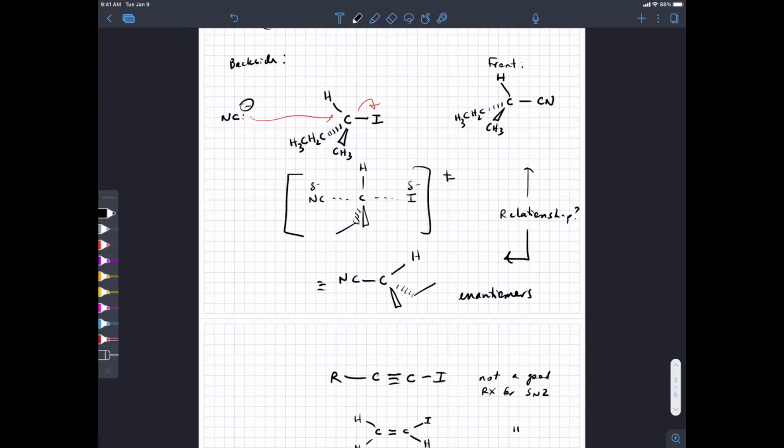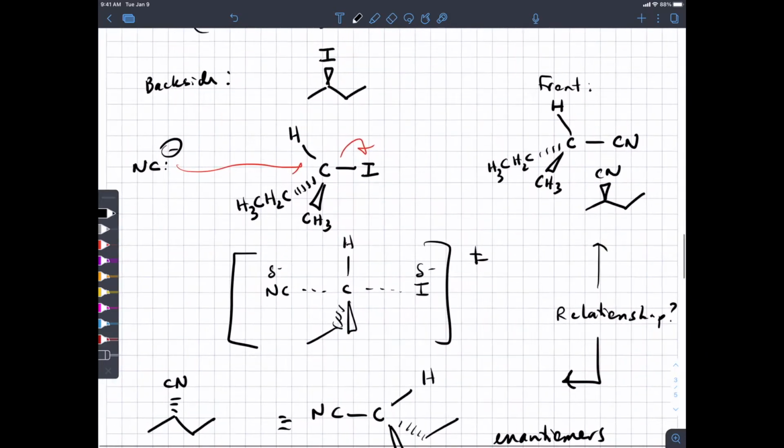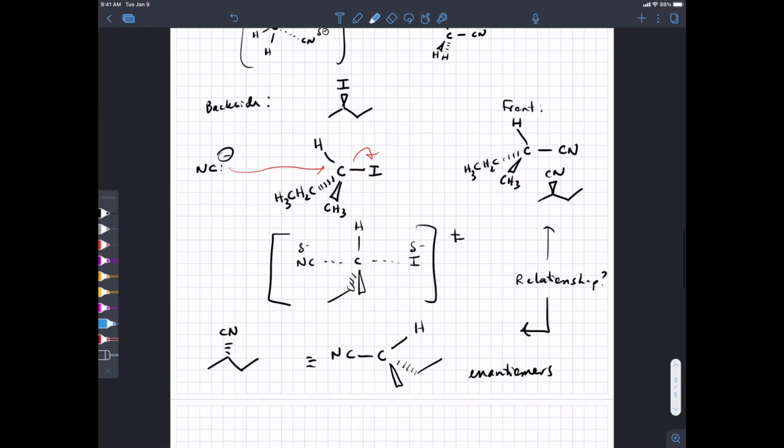You could also redraw this molecule to look like this, and this one to look like this. And then we could redraw our starting material to look like this. So what we see if we have backside attack is that we get inversion of stereochemical configuration.